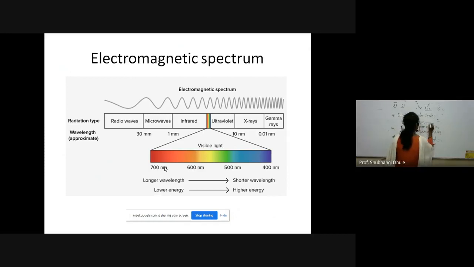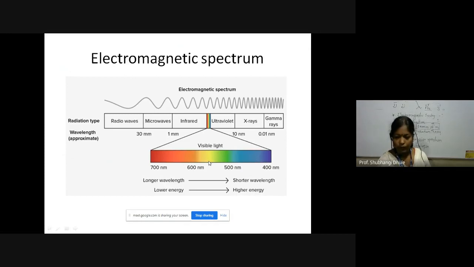We are supposed to know this relation so that it is easy to remember. So the visible light range is from 700 nanometers to 400 nanometers.